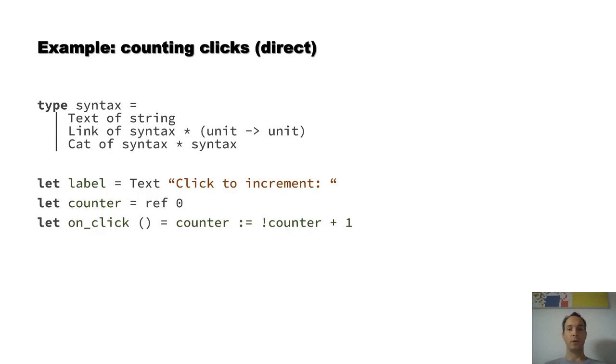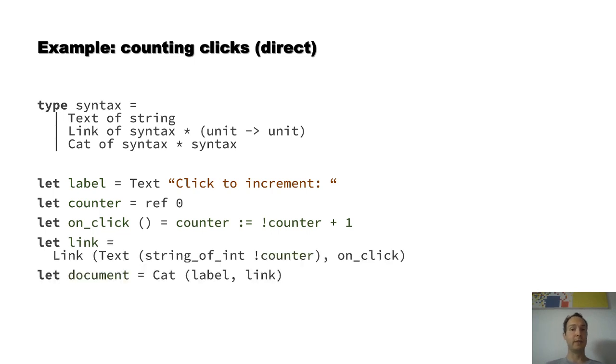So first, we display some information and manage the counter state with a function to increment it. Then we construct the link by displaying the current state and attaching the callback. And the final document is a concatenation of the information label and the link.